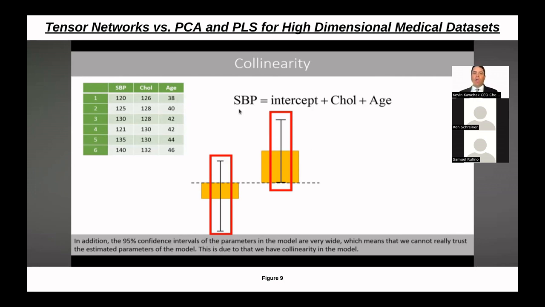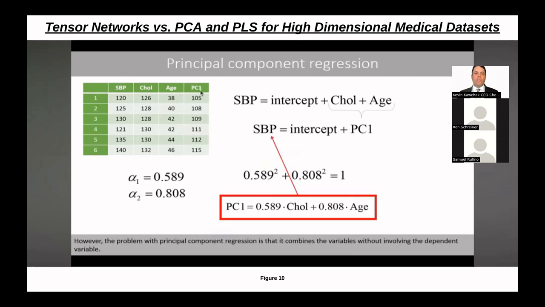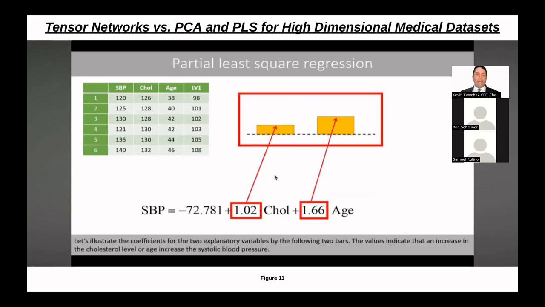And this is an example of systolic blood pressure as a function of cholesterol and age. And then this one, you'll see that the new principal component is a function of cholesterol and age that you're dealing with now. And it just makes it more efficient to process. And we see this basically with partial least squares.